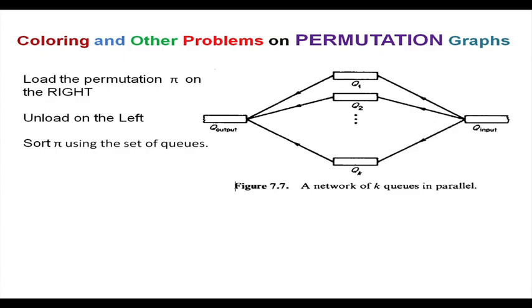Now I would like to ask, what about coloring? Because coloring is one of our major optimization problems on all of these classes of graphs. Now, on the one hand, we could take the algorithm that we just learned for transitive orientation and use it for a permutation graph. We could do that because, by the theorem, it's a comparability graph.